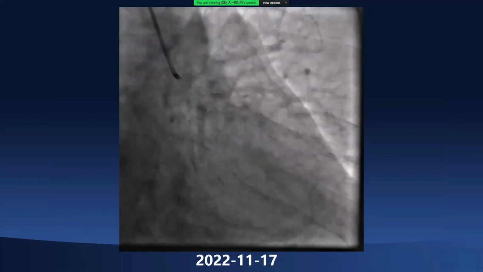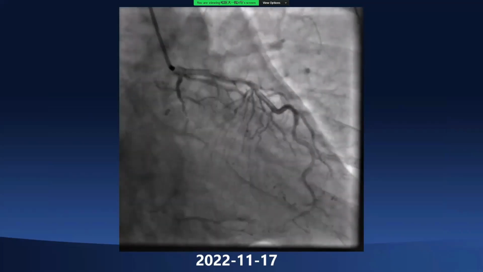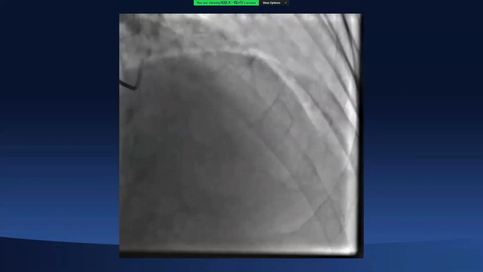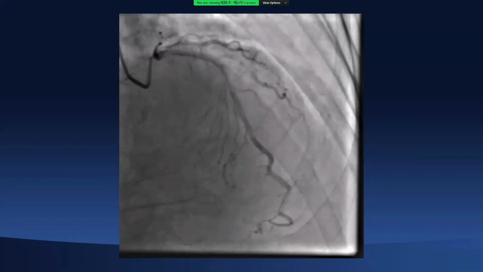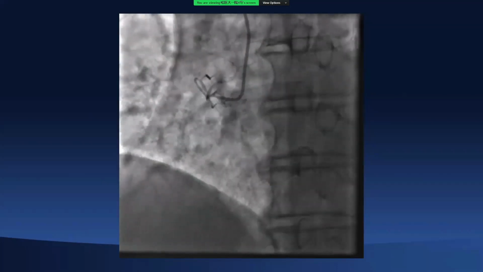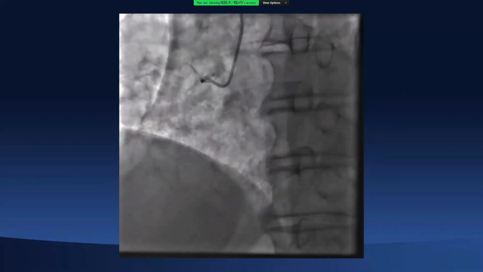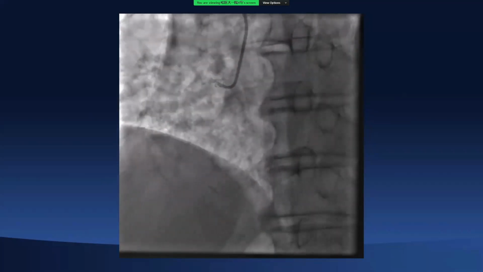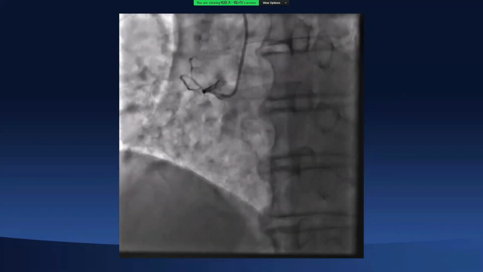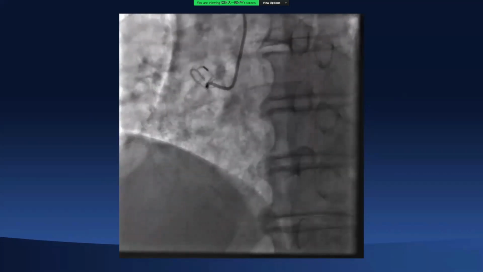In this imaging, you can see a subtotal occlusion in the proximal circumflex. The left anterior descending is normal. In the proximal right coronary artery, there is total occlusion, and you can see a collateral channel to the right coronary artery.